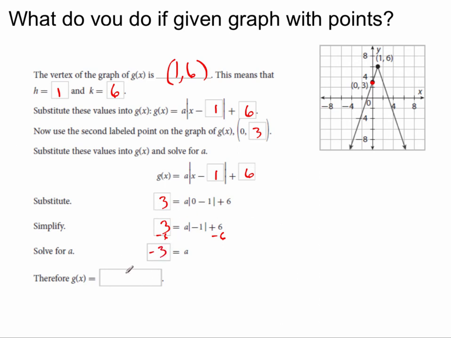So my function g of x is -3 times the absolute value of x minus 1 plus 6. And if I read this off, I see the vertex is at (1, 6), and this first branch is going to have a slope of -3. My axis of symmetry is x equal to 1.